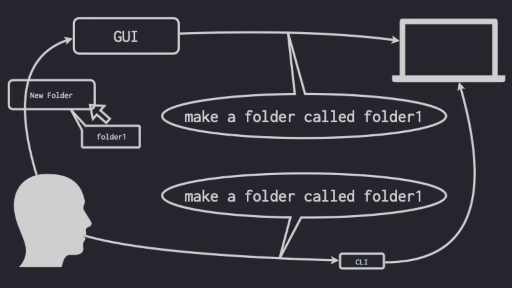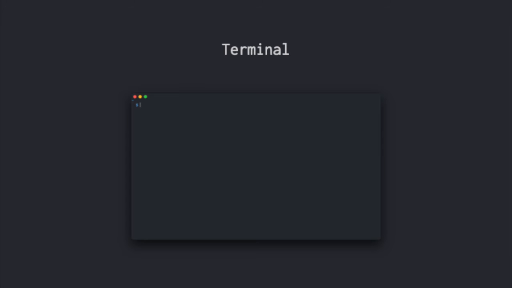So there are fewer translations, which means fewer steps, so it's more direct and therefore more efficient for your computer. Everything you do with the command line interface happens in applications that are usually called terminal. You go to terminal and you write stuff in a programming language called Bash.